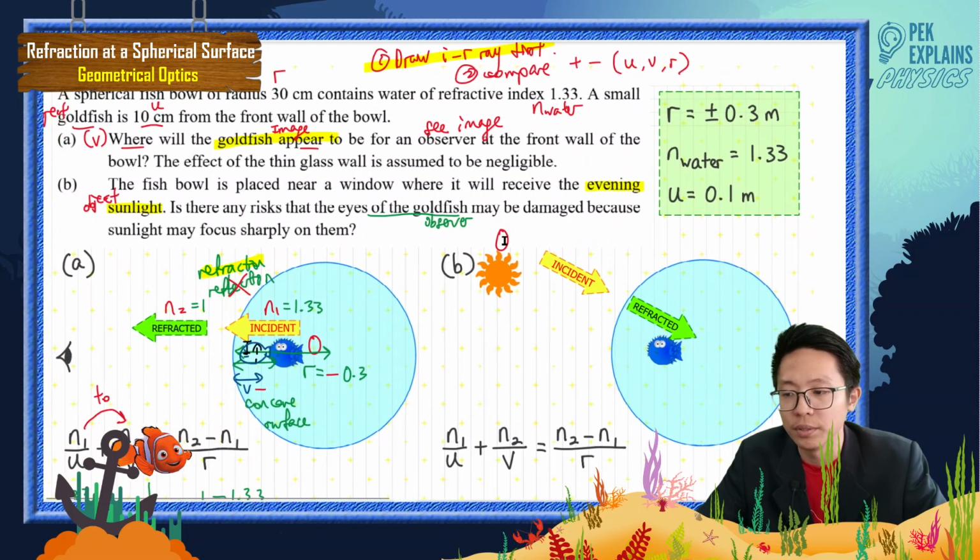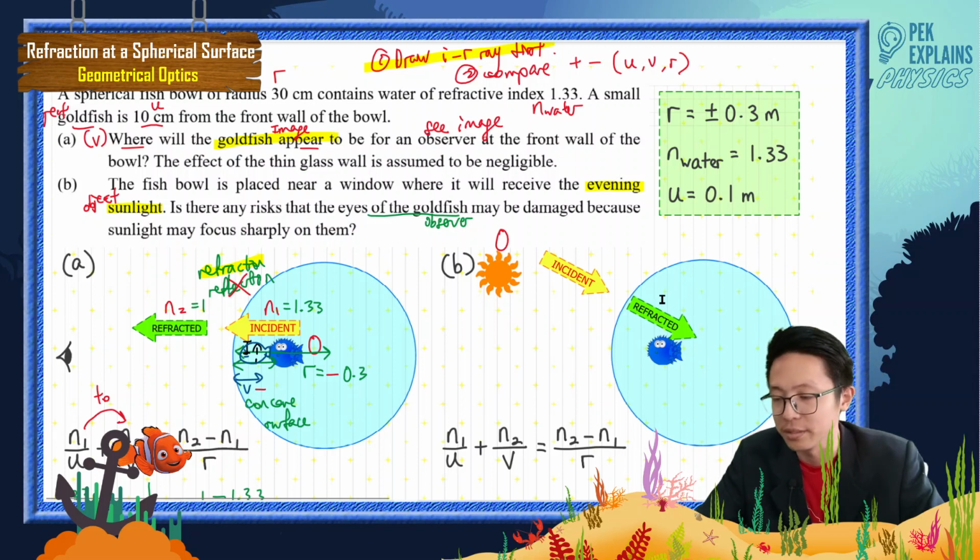This time is opposite to the first question, part A. Last time the incident ray came from inside the water and went to the air, because the object was inside the water. This time the object is outside the water, so the light comes from the air into the water.